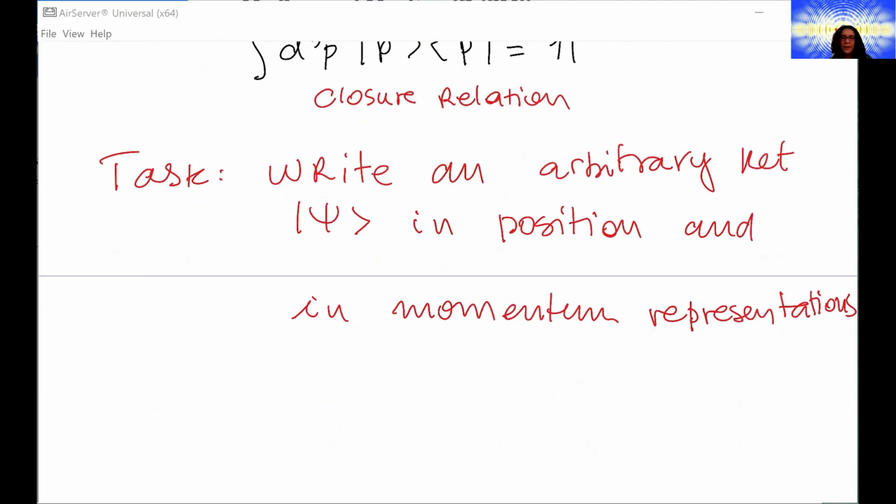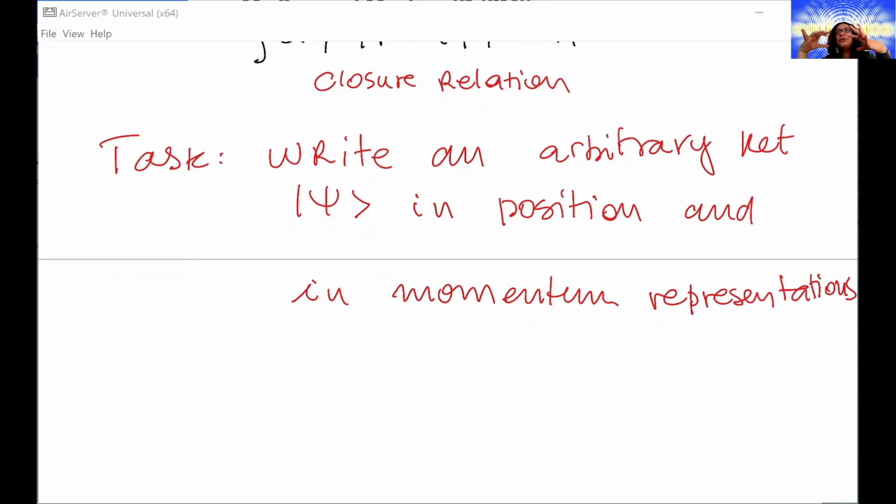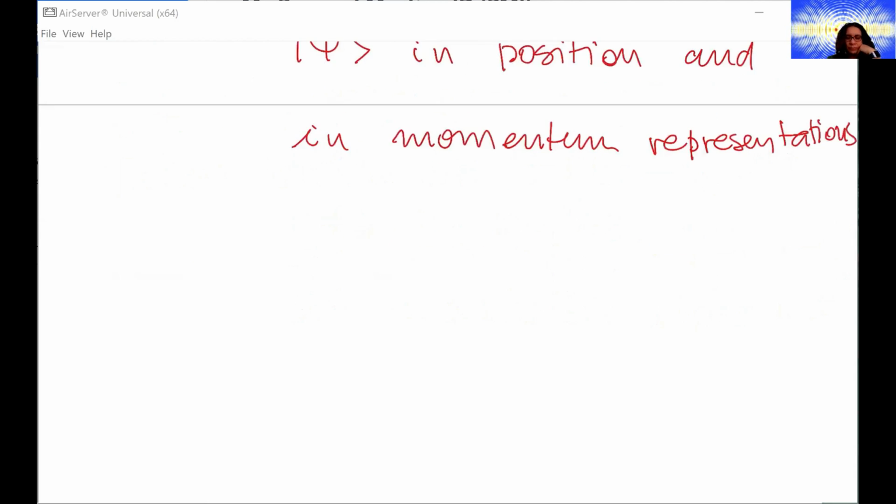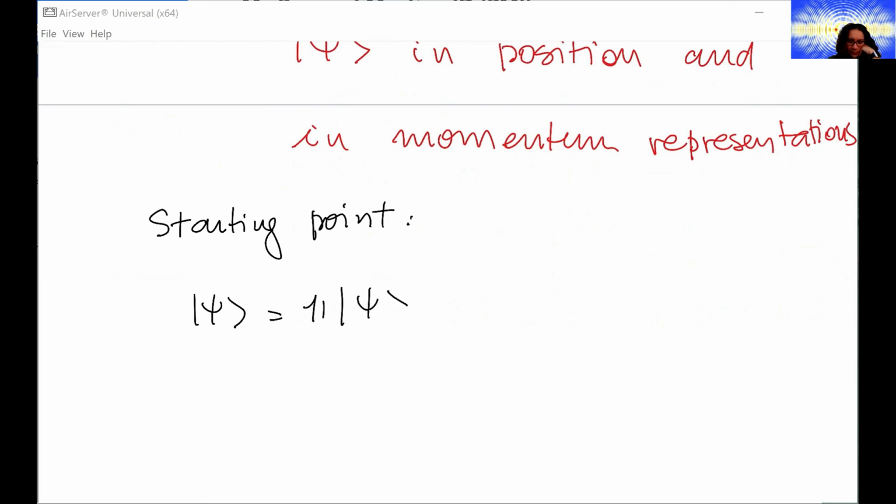So let's do the following. We have seen how we do this for a discrete basis. What do we have to do for a continuous basis? We have to write the ket, and we have to consider the closure relation, right? So we're going to start from this ket, which is equal to the closure relation acting on psi.